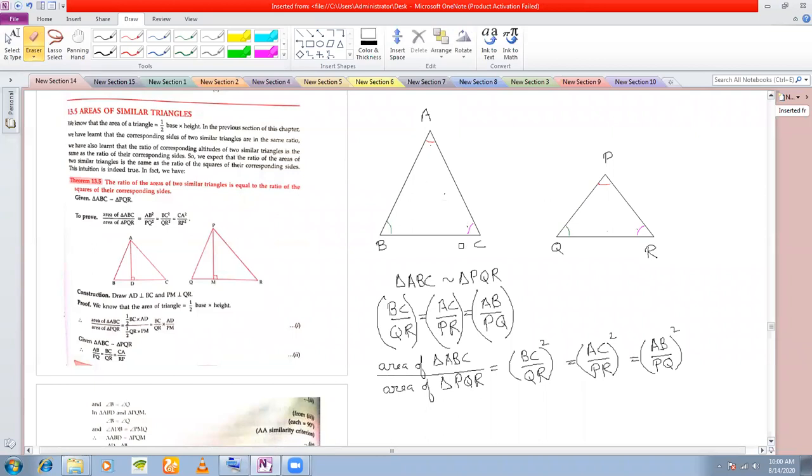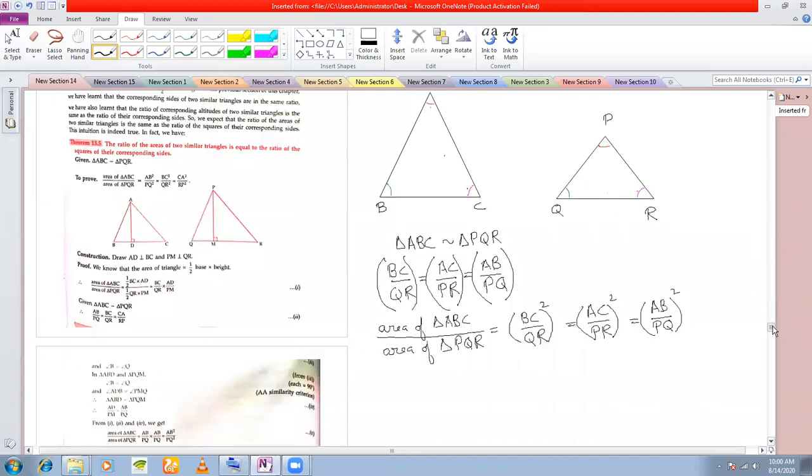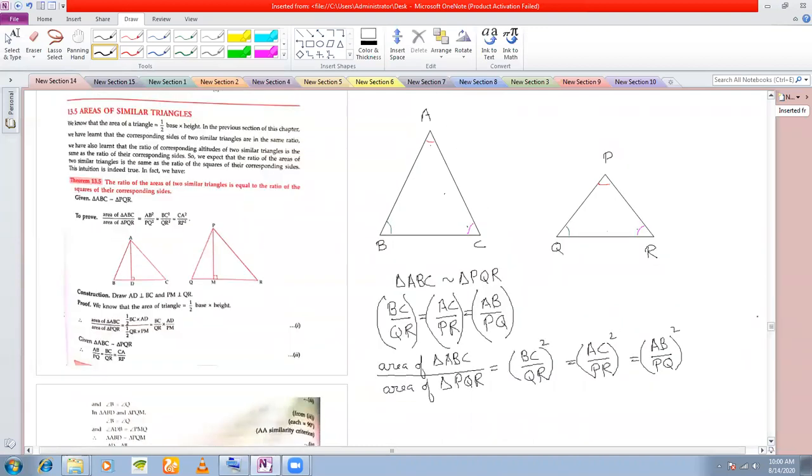Let us suppose these two triangles are there, in which the red angles are equal, the pink angles are equal, and the green angles are equal. So you write down the proportional sides. I don't need to explain to you. Anyone who needs an explanation on writing proportional sides once again? Anyone?